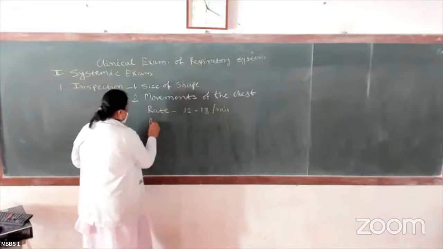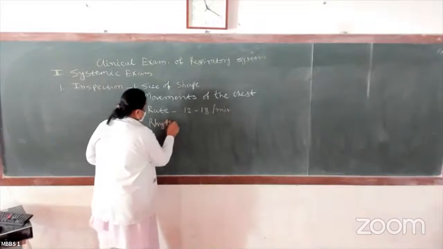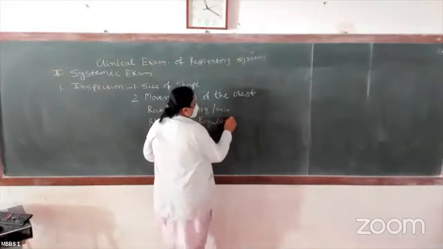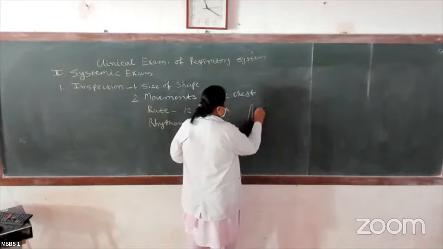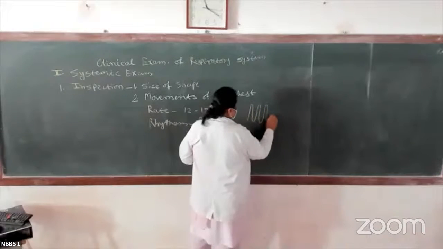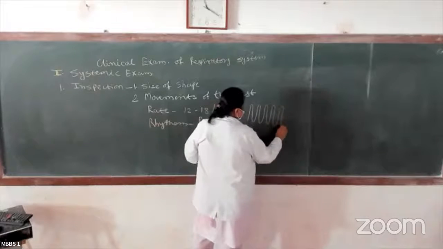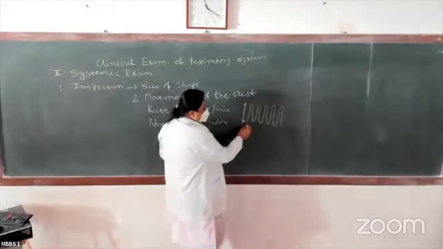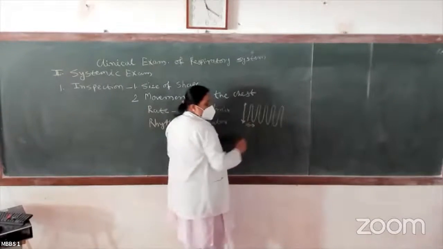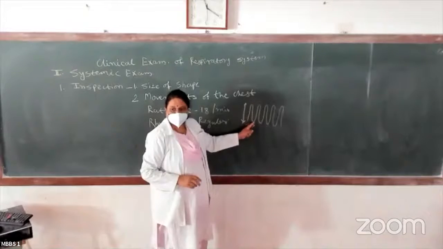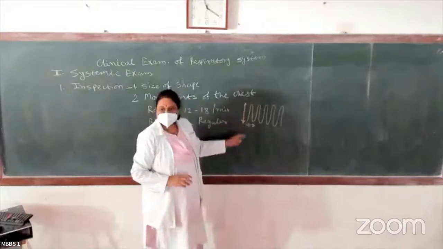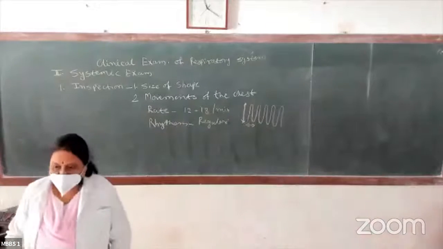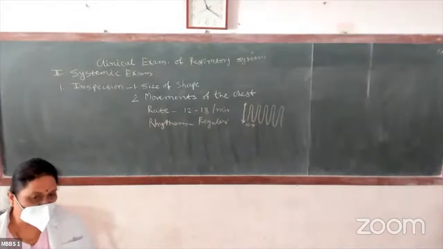The rate and depth of respiration are the same, and the duration between two cycles and the depth are the same. That is called a regular rhythm. Normally, the rate is 12 to 18 per minute and the rhythm is regular.